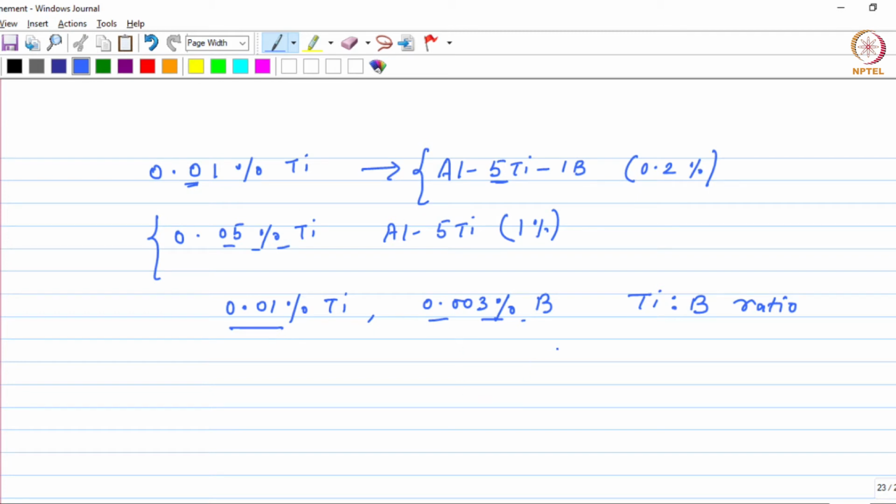So a Ti:B ratio of 5 and 3 are commonly used.